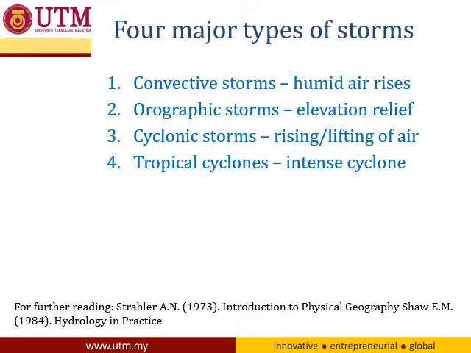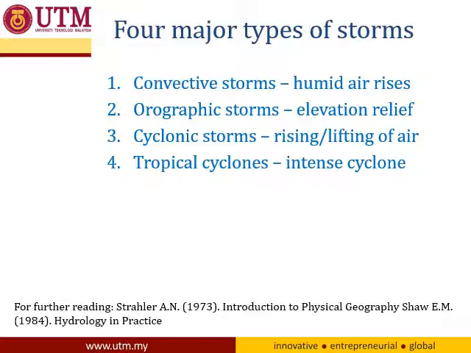So there are four major types of storms. Convective storms, where humid air rises. Orographic storms, where elevation relief means that orographic storms usually occur near mountain ranges, and the air will be lifted. And number 3, cyclonic storms.